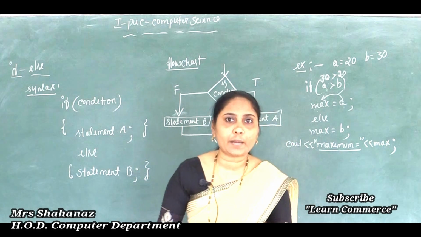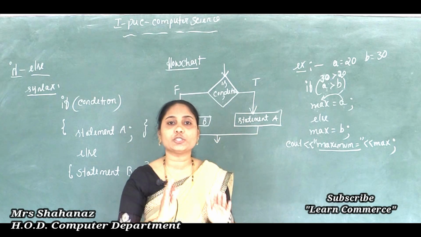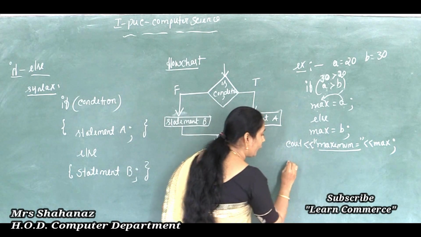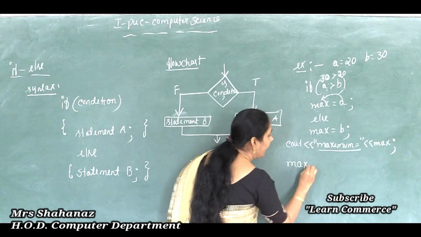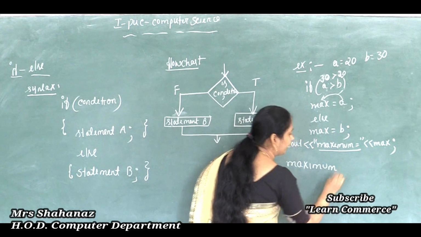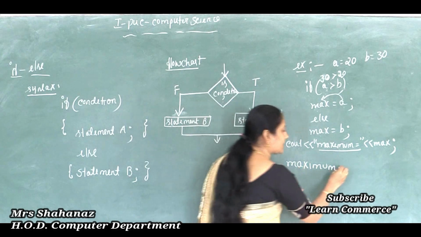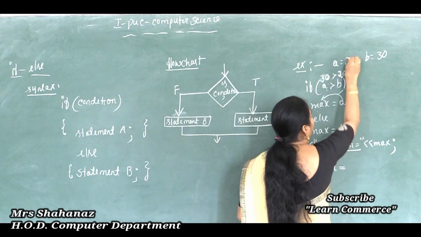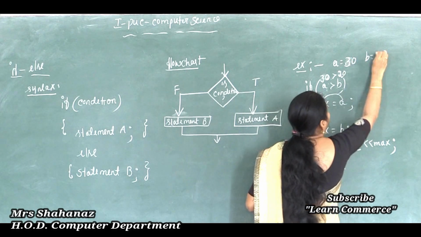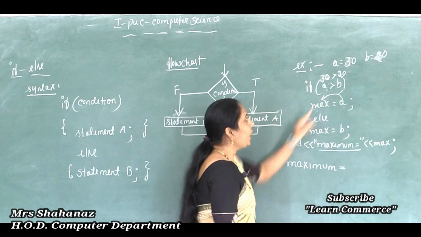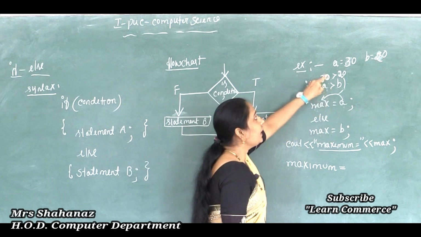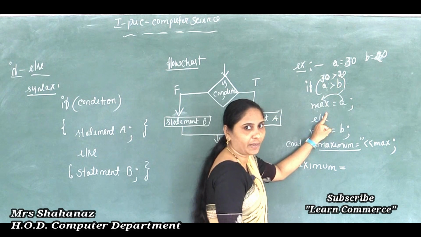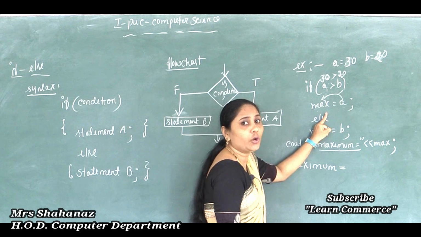So in this example, not just the message, I need to show the value whichever is the maximum. At that time it is going to display on screen the maximum, whatever you write here as a message. So maximum is equal to maybe 30, for example A value is equal to 30 and B value is equal to 20. When you check the condition, 30 value greater than 20, at that time whichever is the maximum, maximum is equal to A here.